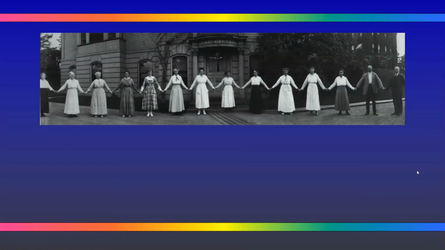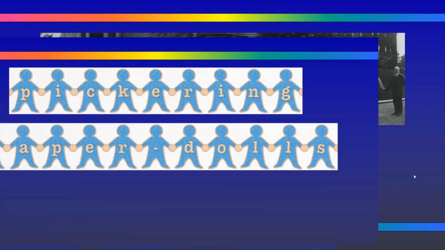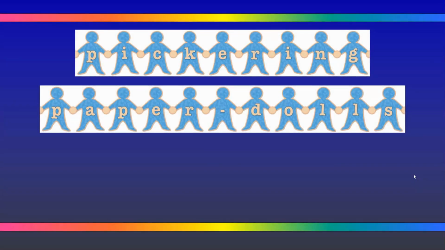This is an image of some of the women and other lead supervisors and associates in the project. This image is nicknamed Pickering's paper dolls because of the resemblance to the paper doll chains that are made with paper.